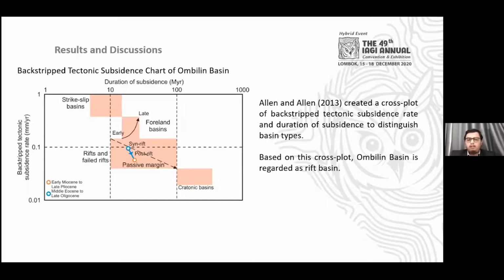This is the chart provided by Allen and Allen. It considered the backstripped tectonic subsidence rate and duration of subsidence to give regard to the basin types. As we see in this chart, Ombilin Basin can be regarded as a rift basin based on the tectonic subsidence.